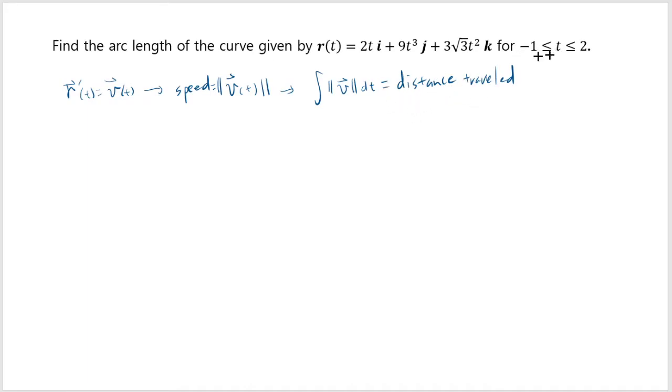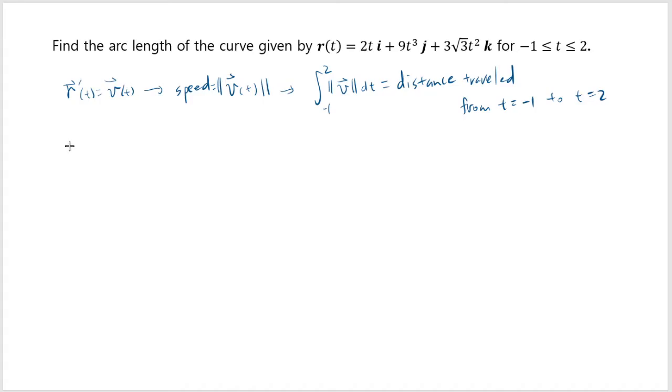So if you integrate this from -1 to 2, it gives you the distance traveled from -1 to 2, which actually is the arc length given by the curve. So that's the basic idea.